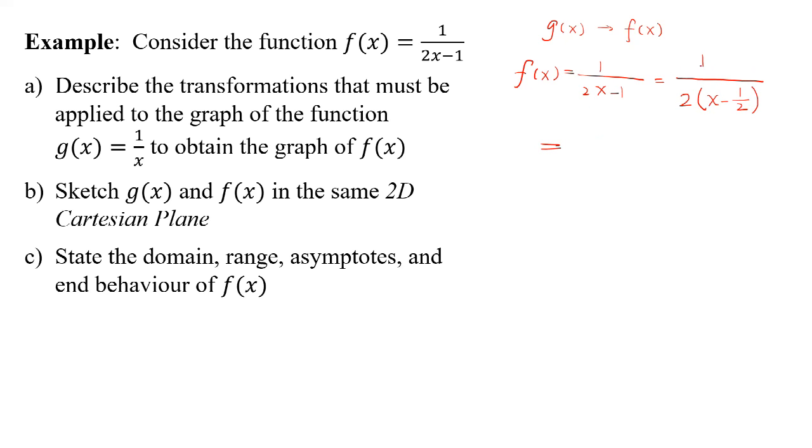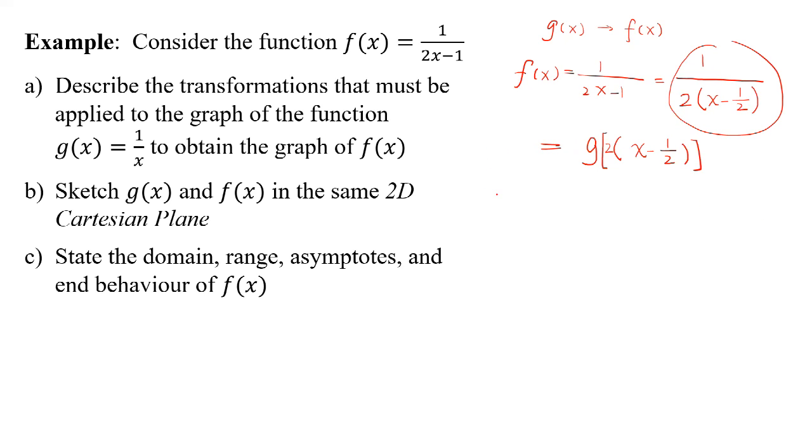And then as you can see here, the expression is actually g of x minus 1 half, times a 2 in front, right? Can you see that?